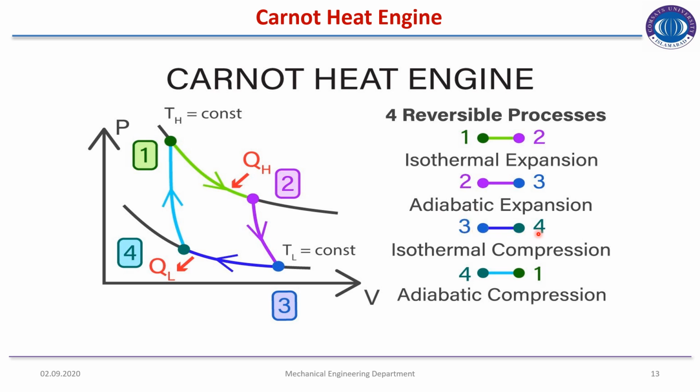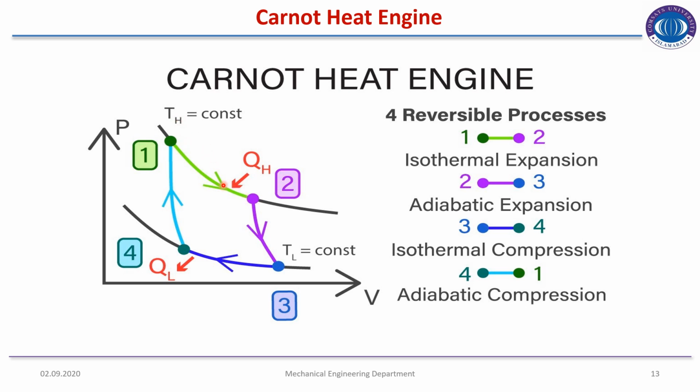From 3 to 4 isothermal compression, and from 4 to 1 adiabatic compression. In the PV diagram you will see a green line that shows process 1 to 2, and QH is the amount of heat added during process 1 to 2.